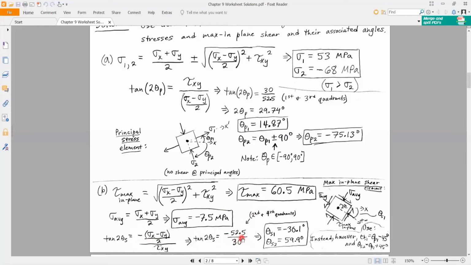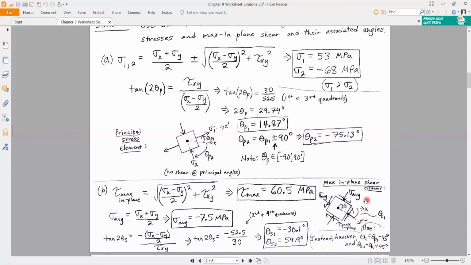This means it has to be in either the second or fourth quadrant, because one of these values is negative. And we get theta s1 is negative 30.1 and theta s2 is 59.9. We'll see when we do Mohr's circle though, really we can just use this. Theta s1 is equal to theta p1 minus 45 always, and then theta s2 is theta p1 plus 45 degrees. And that's always the case.